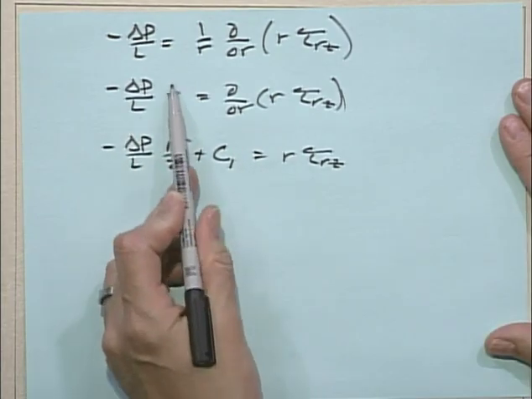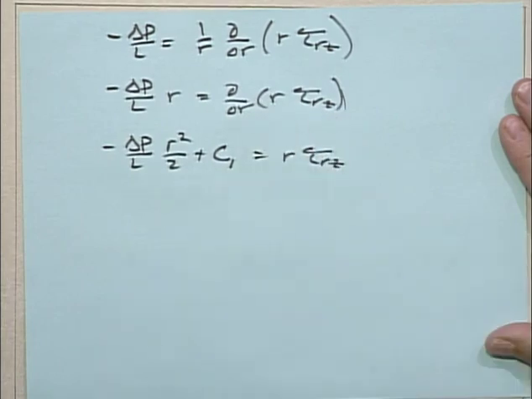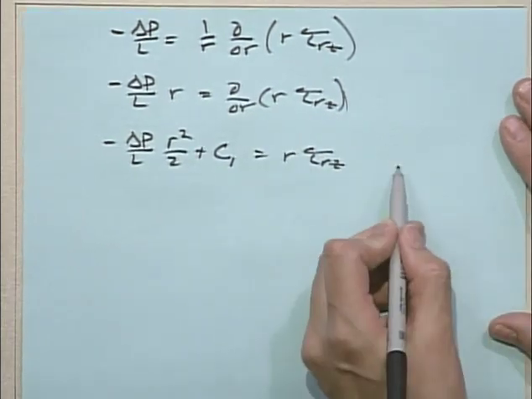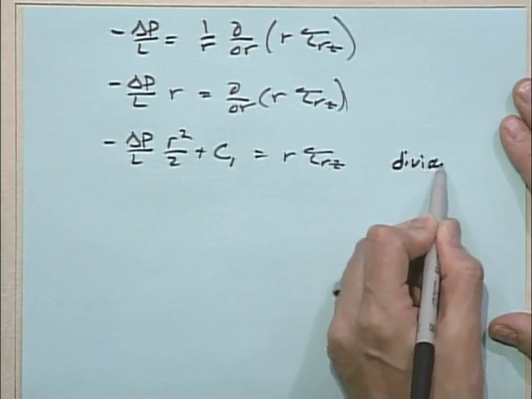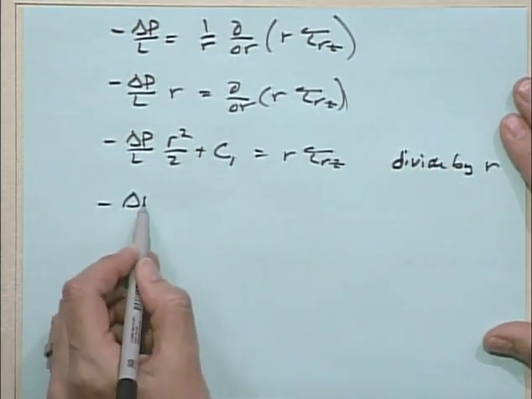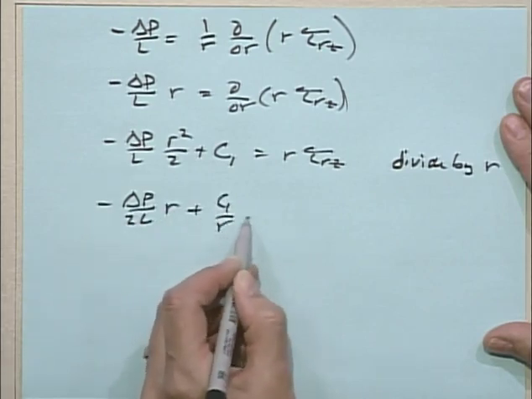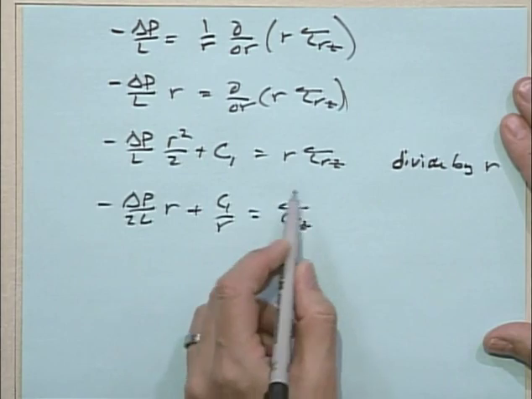Integrate the left side, I just get r squared over 2 plus a constant. Integrate the right side, I just get what's in the parentheses. Divide by r, and I get minus delta P over 2L times r plus C1 over r is equal to tau rz.